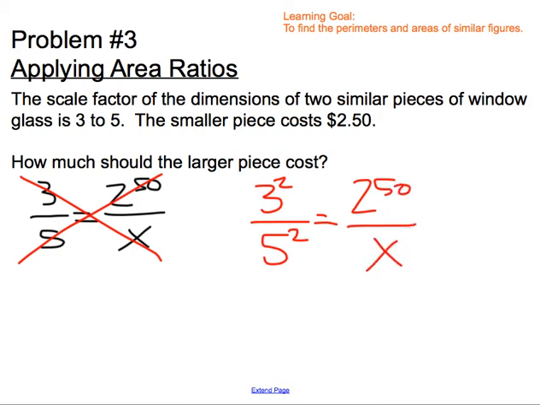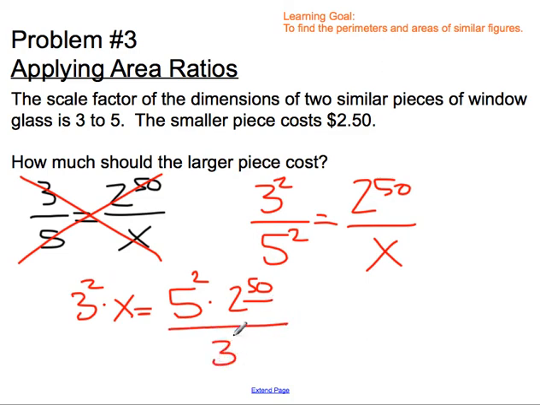Cross multiplication gives us 3 squared times x equals 5 squared times $2.50. Dividing both sides by 3 squared, we can eliminate the 3 squared here. Solving this on our calculator, we get that the larger piece of window will cost about $6.94.